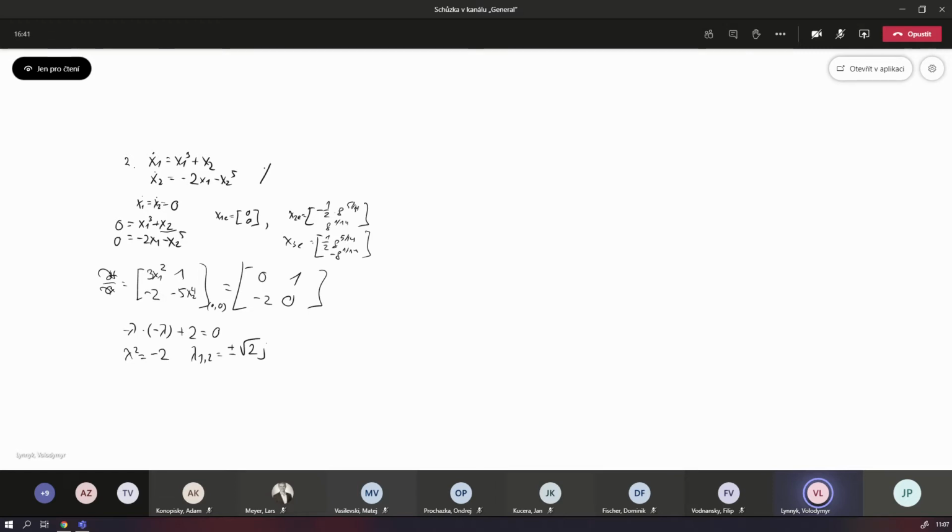When we put the other two equilibrium points into this Jacobian, yes. Oh, sorry. Sorry, I have some problem with this whiteboard.